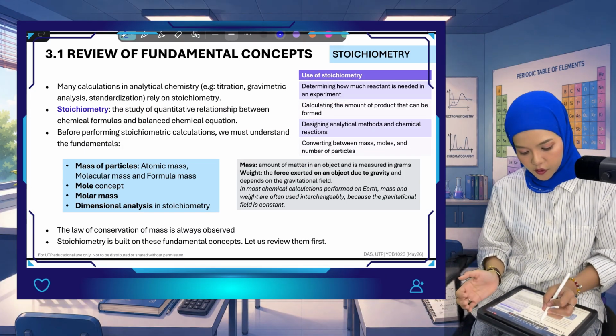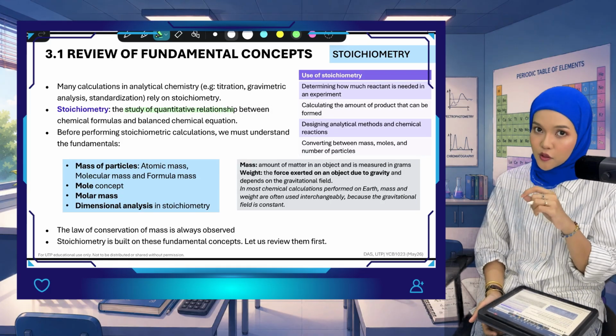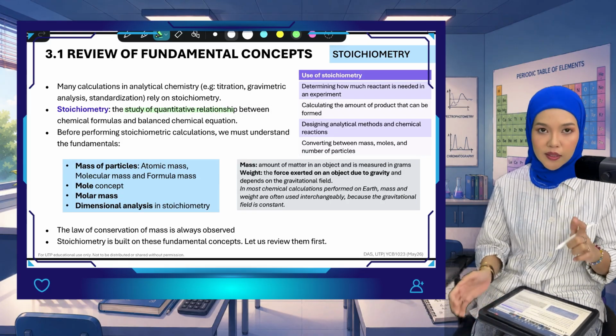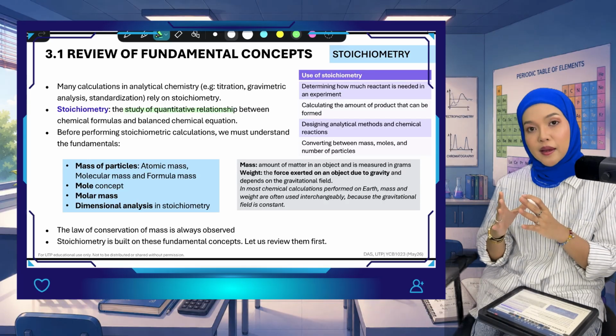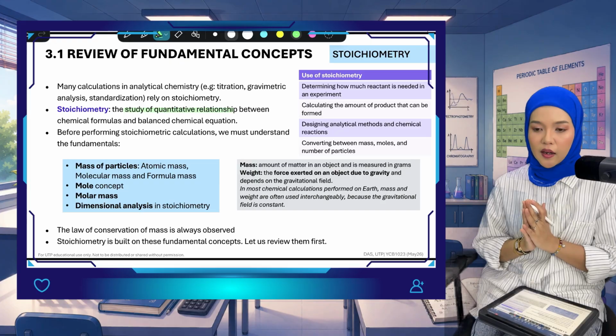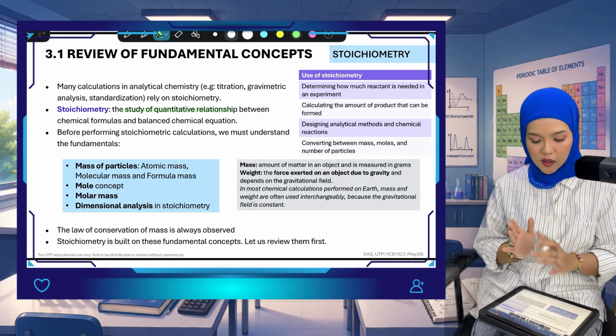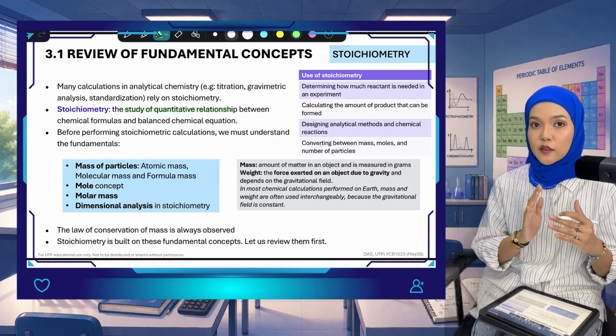Stoichiometry is the study of quantitative relationships. We are talking about numbers here, between chemical formula and balanced chemical equation. So it is really important that I would expect you to know how to balance chemical equations, and how to write the chemical formula.